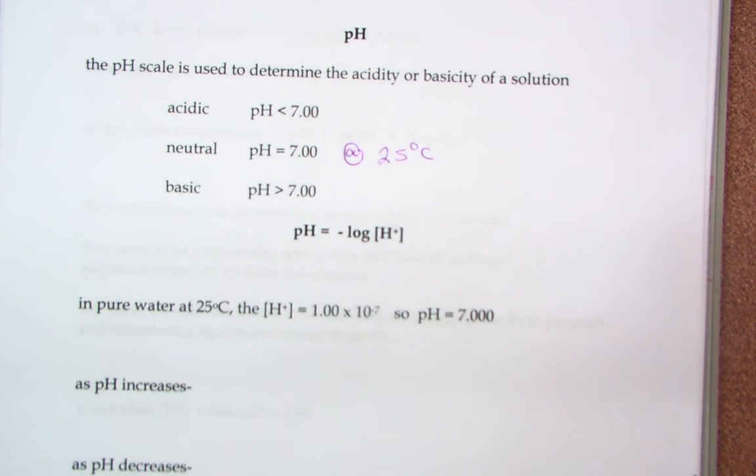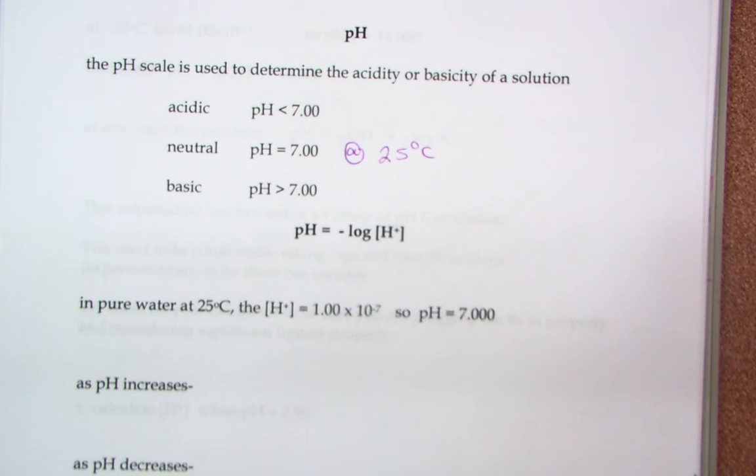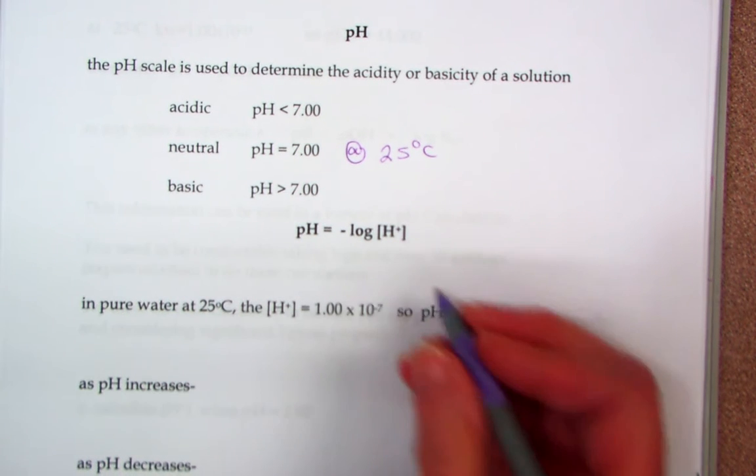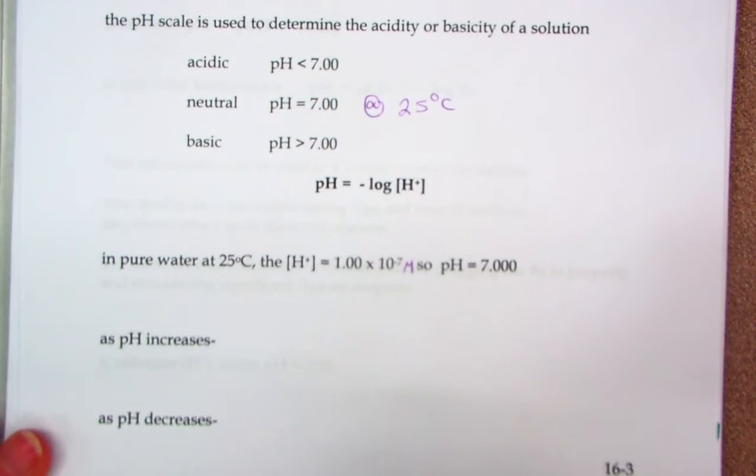And we said in Chem 111, we find pH by determining the negative base 10 common logarithm of the proton concentration. Since the hydrogen ion concentration is 1.00 times 10 to the negative 7th molar, then the pH is equal to 7. At other temperatures, the pH is not 7 for pure water.